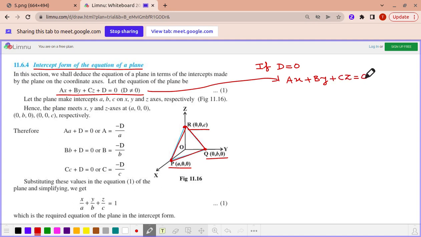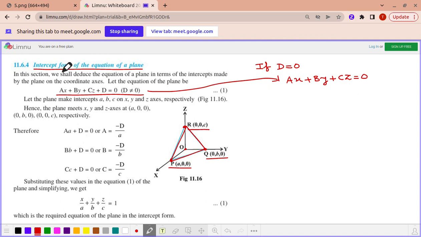That means the plane is passing through the point (0, 0, 0), that is, the origin. If a plane is passing through the origin, we are not able to get all the three intercepts x, y and z at the same time. So that is why we are considering that d is not equal to 0.